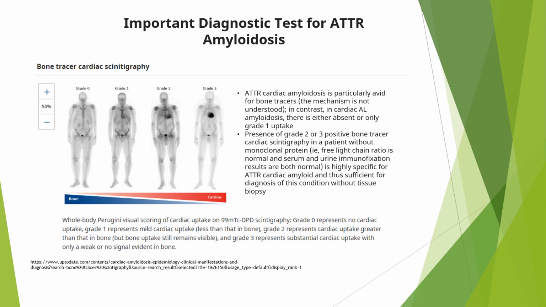Now, if this is the case, and there is a presence of grade 2 or 3 positive bone tracer cardiac scintigraphy, then it is highly specific for ATTR cardiac amyloidosis. And this is actually sufficient to diagnose ATTR cardiac amyloidosis without any sort of tissue biopsy. So this is why bone tracer cardiac scintigraphy holds this much importance when it comes to diagnosing ATTR amyloidosis.